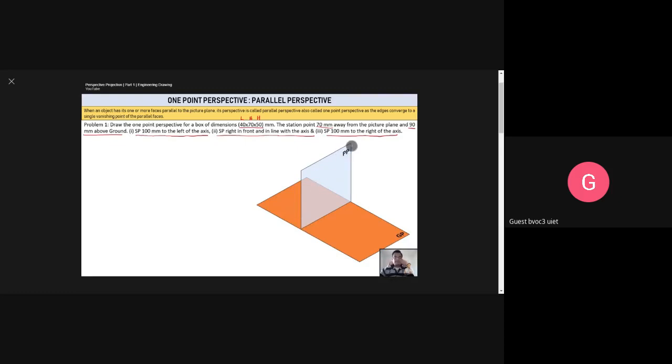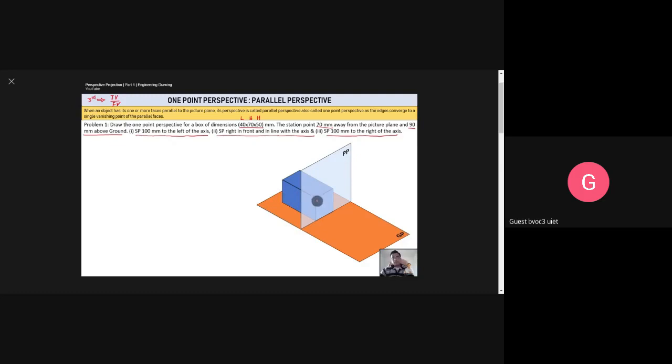The picture plane appears as a line, and this line will be seen from the top view. So the picture plane appears as a line from the top, whereas the ground plane appears as a line from the front. Remember, we are going to follow the third angle projection system: top view above and front view below. Right? So let's kick off.